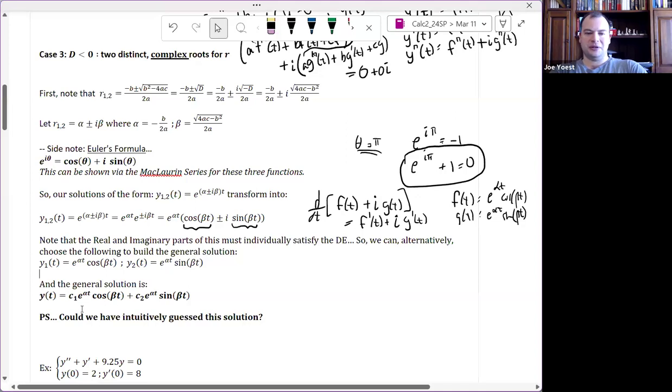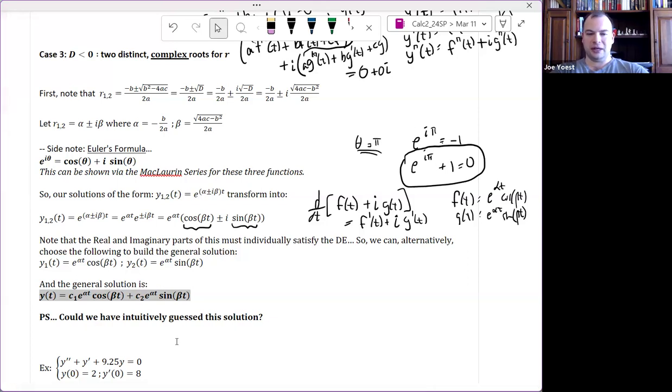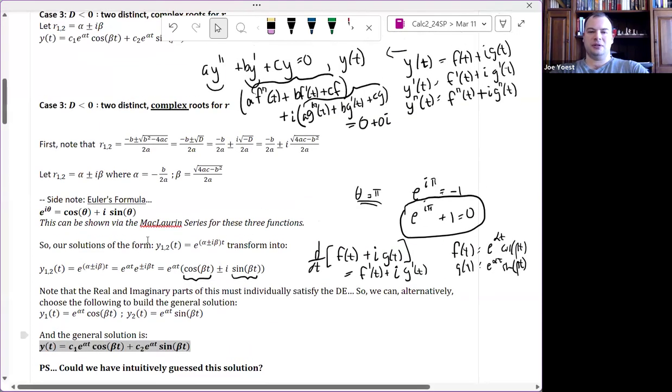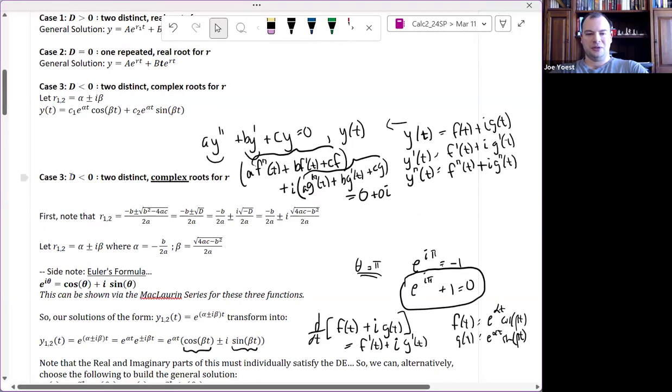From there, I can build a general solution: constant times the real part, plus constant times the imaginary part. I've gotten rid of all of my imaginary numbers. This is a real function, with just exponentials, sines, and cosines. I think this is going to be a general solution to my second order equation in the specific case where I have complex roots.